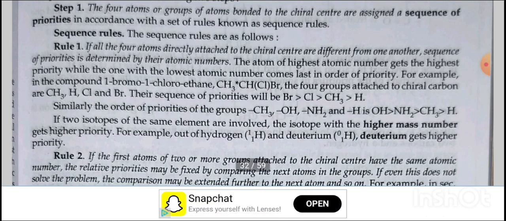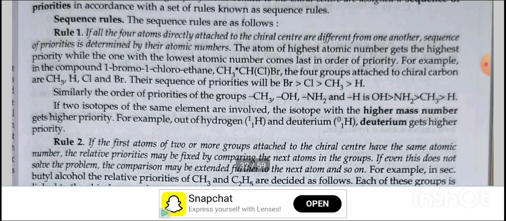The atom of highest atomic number gets the first priority, while the one which has the lowest atomic number comes last in order of priority. For example, in the compound 1-bromo-1-chloroethane, the four groups attached to the chiral carbon atom are methyl, hydrogen, chlorine, and bromine. The sequence of priority will be bromine, then chlorine, then methyl, then hydrogen.